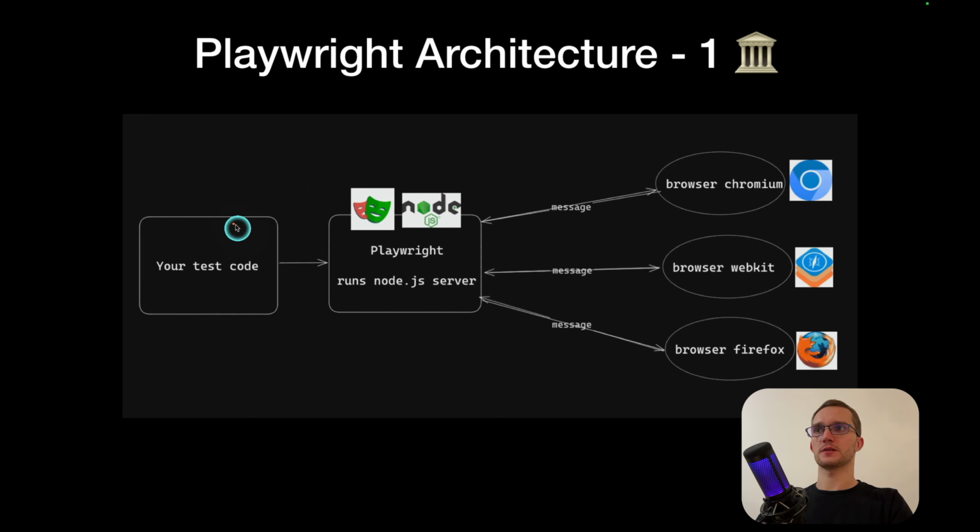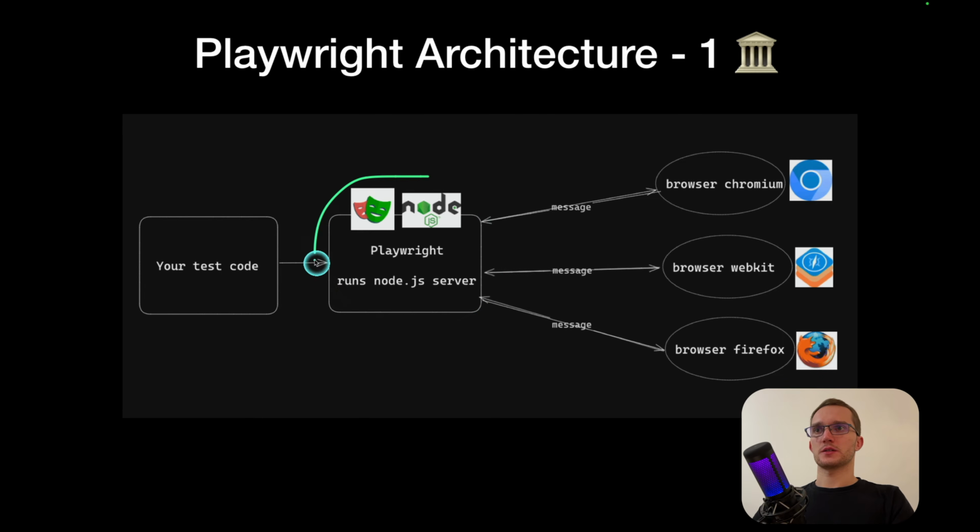So it reads it line by line. In your test you have: go to this page, then find this element, then click on this element, then check that this element exists, click on this button, type something in this input. And all this happens here. So it reads your test files and then executes them.